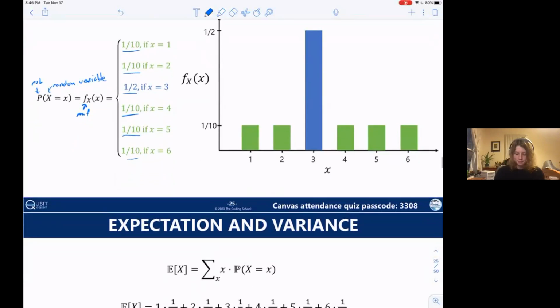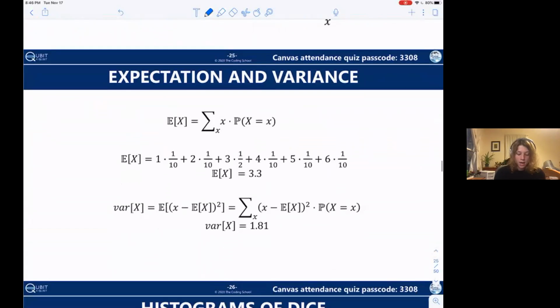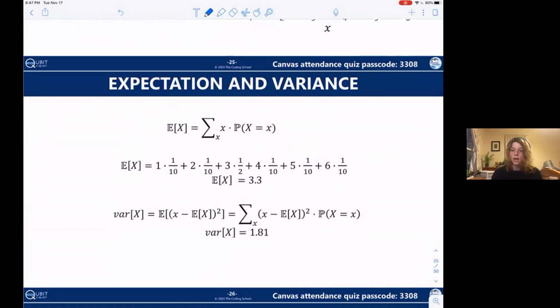Now we can do the calculation for the expectation value and the variance for this new probability mass function. This is the exact same calculation. I'm not going to run through it in too much detail because I'm going to be dramatically over time already and I want to get through as much as possible, but I can go through this at the end if you want me to.